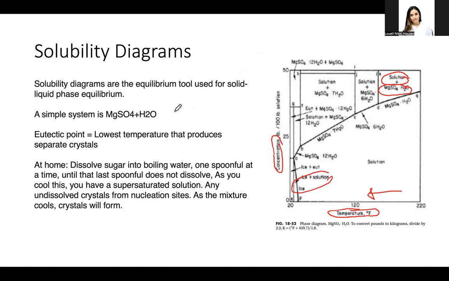Now, you have these two curves. Where these two curves intersect or come together is what you call the eutectic point. So this is your eutectic point.